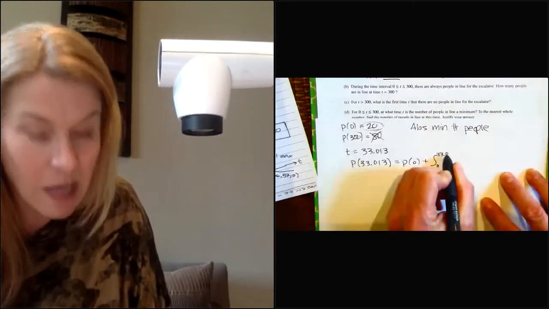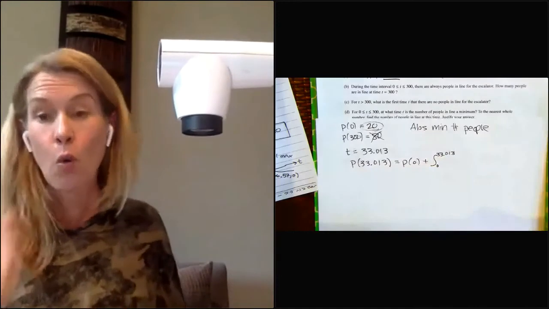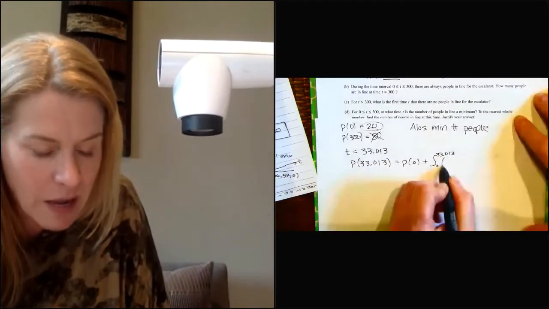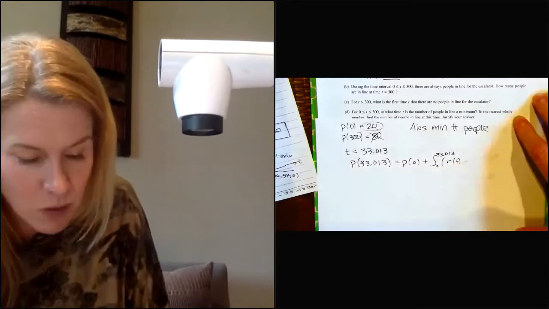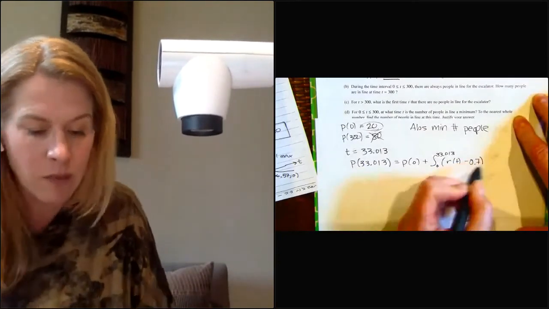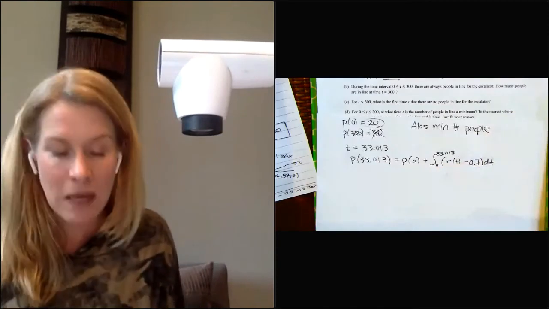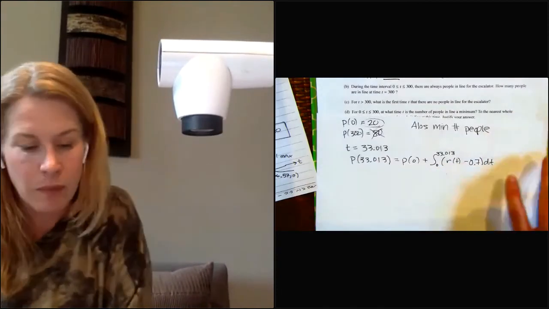And you can, once again, do it as 2 integrals or 1. I'm going to do it as 1. I'm going to combine my R of T, my rate in, and I'm going to subtract my 0.7, which is my rate out. You pop that into your calculator, and that will give you the number of people. So let's do that real quick.